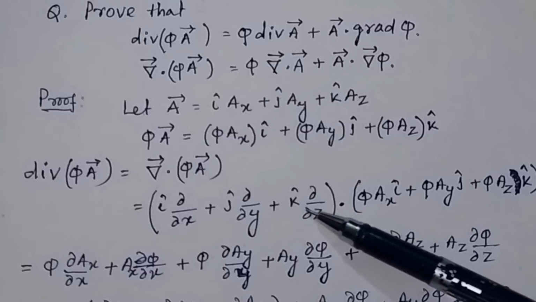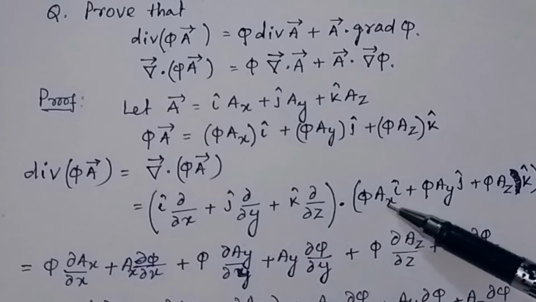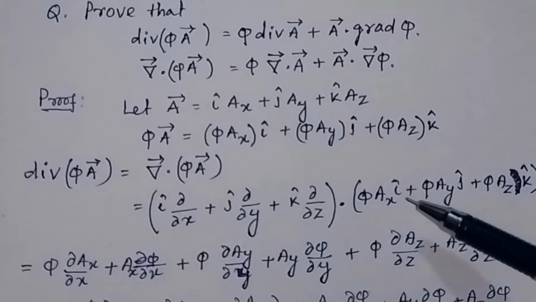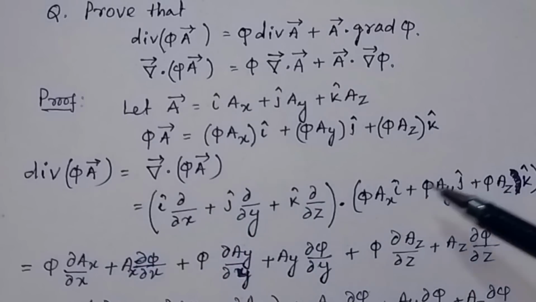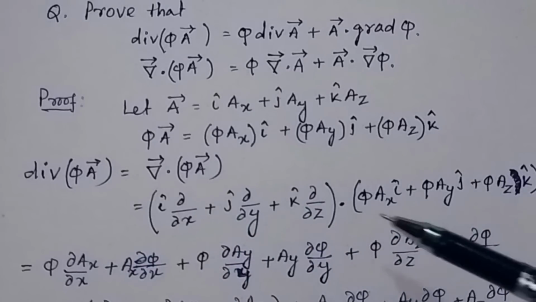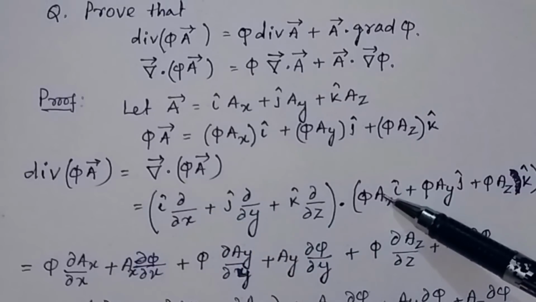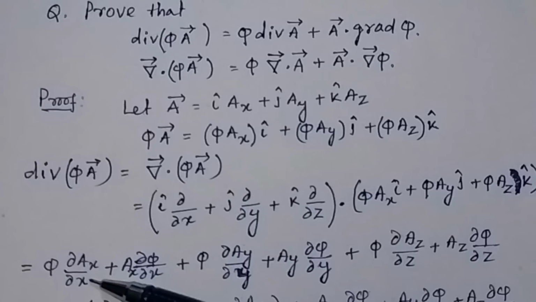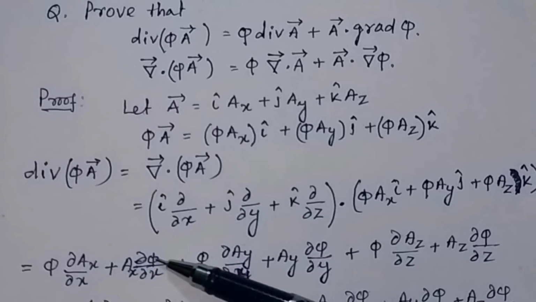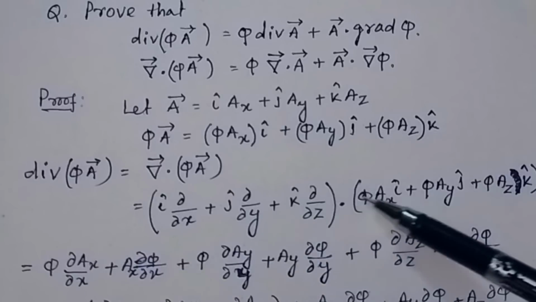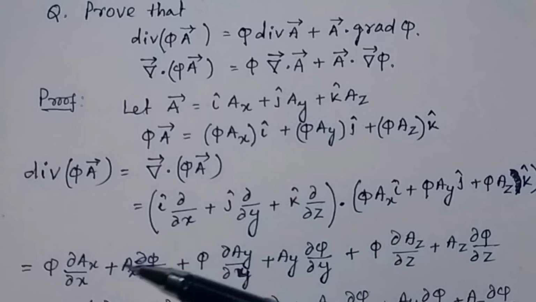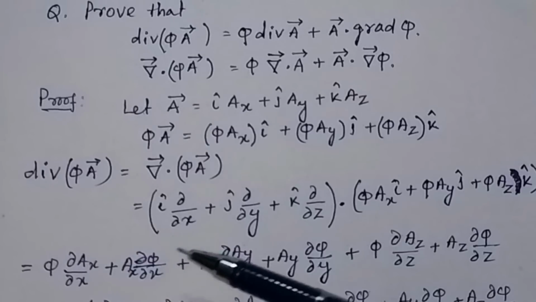So what will be the dot product of this del operator with this vector? When you take the dot product, you only have i dot i, j dot j, k dot k. They are one. So for the first term, you have phi into partial derivative of Ax with respect to x plus Ax partial derivative of phi with respect to x. When you take the partial derivative of this term with respect to x, you will get these two terms.